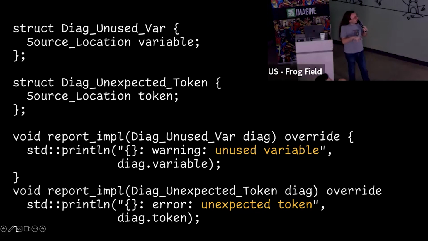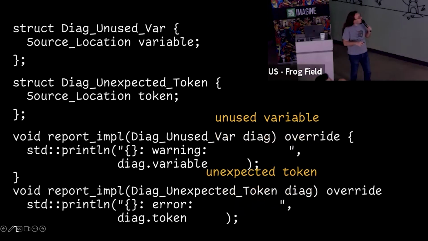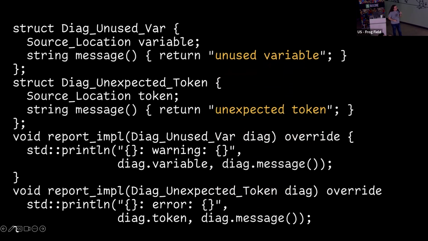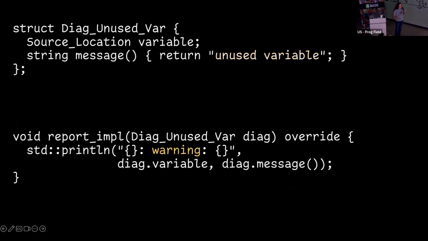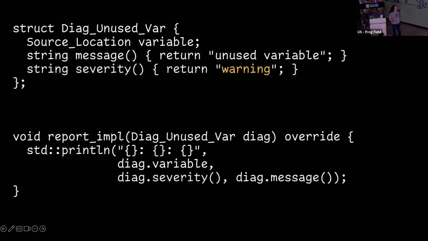So let's factor the strings into the diagnostic class itself. We're going to use a function here called message, and we just call the message function. And we could do the exact same thing with the severity. So here we have the severity of warning. We could throw that into a function. And the different diagnostic types can have different variables. So like here, the variable is called variable.